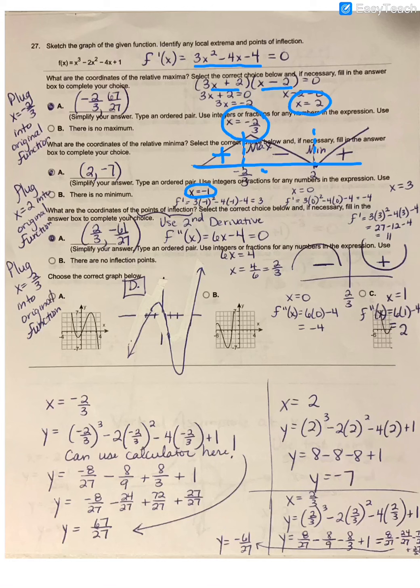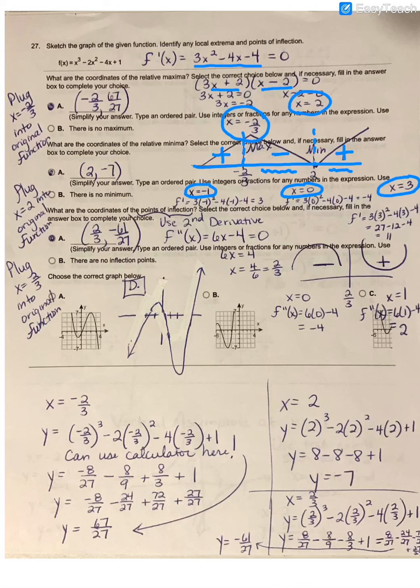In between these two critical points, I used x equals 0, just easy to plug in. In that case, I got a -4, so the graph is decreasing on that interval. And then finally, for something bigger than 2, I decided to use x equal 3. I got a +11, so the graph is increasing on that interval.